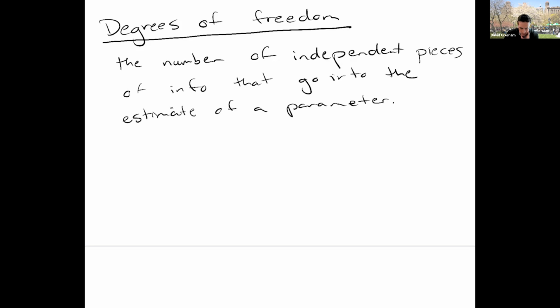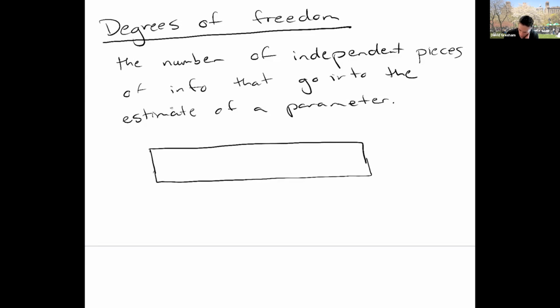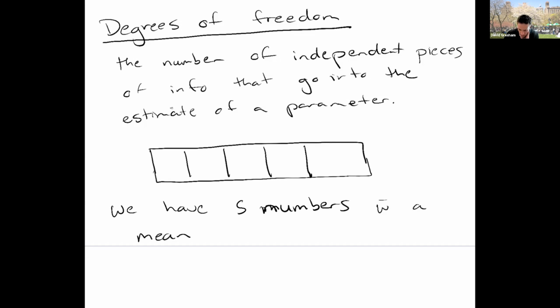So let's consider the following scenario. Let's say we have 5 numbers. I'm going to give you these 5 numbers here: 1, 2, 3, 4, 5. So n is 5, and we have estimated the mean, and the mean is 4.